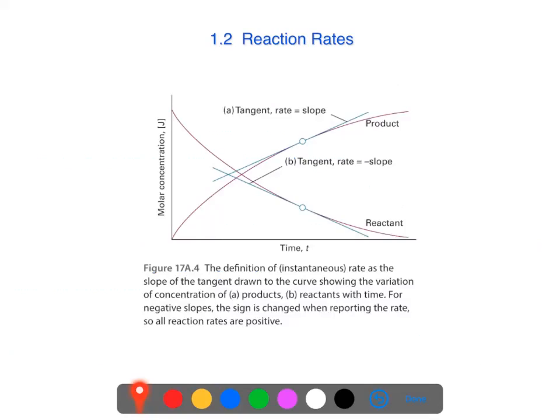Now you'll recall from section 1.1 this figure where we show the decay of a reactant and the concomitant growth of the product. And as you can see, the rates are virtually opposites of one another at any one particular point in time. So again, the rates are positive quantities. The sign indicates whether something is being consumed or formed.